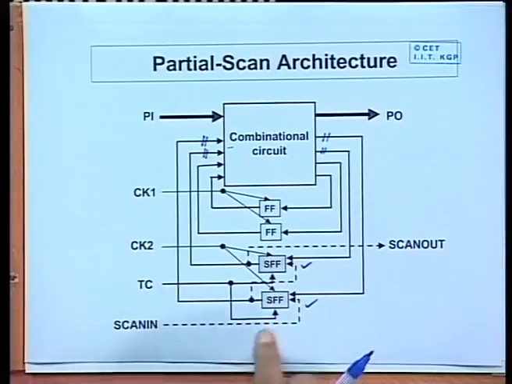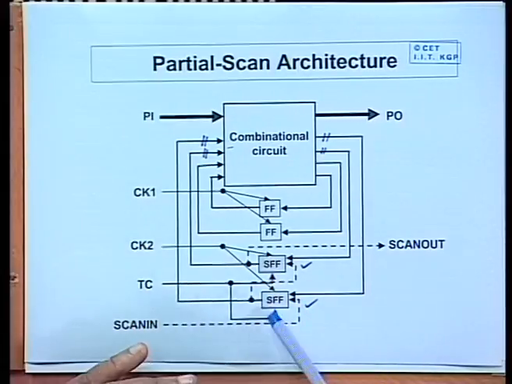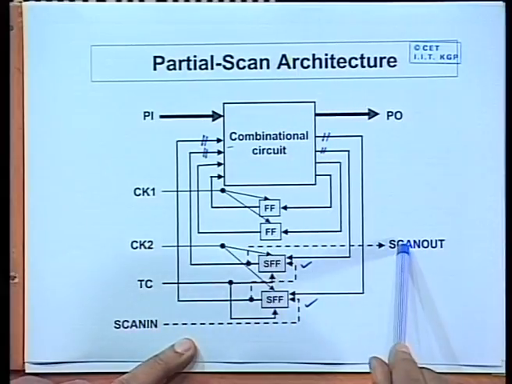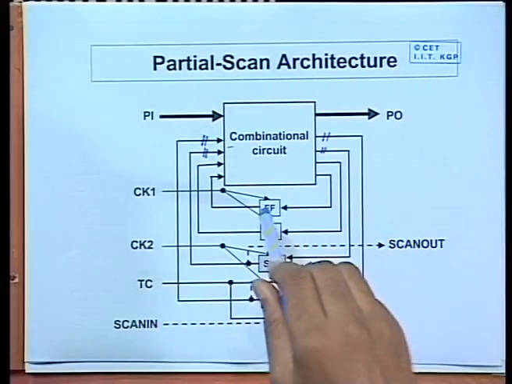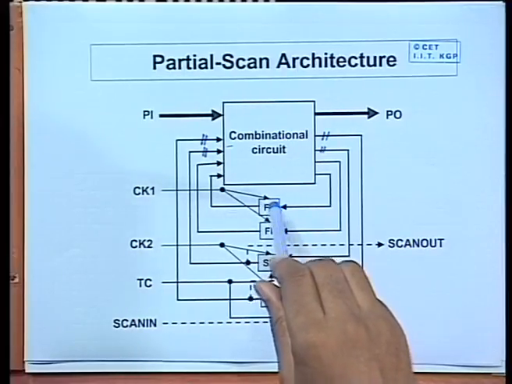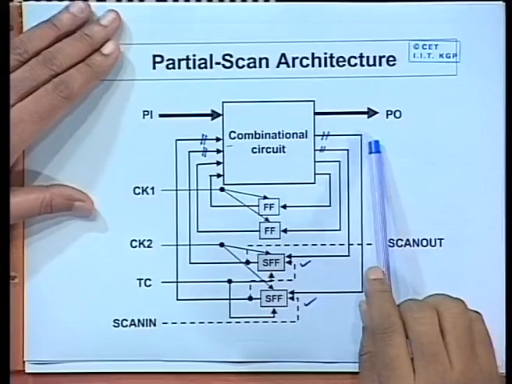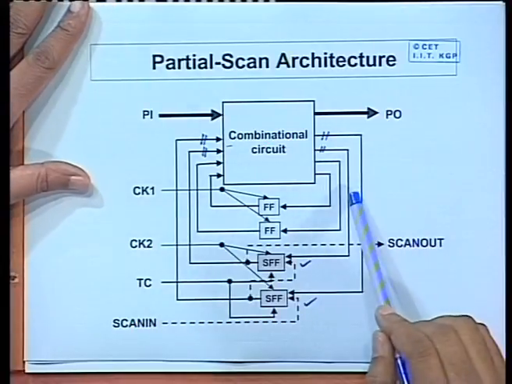So, if you have partial scan like this, one thing is true, that by chaining them into a shift register, you are unable to have complete controllability and observability of all the flip flops. This means that you cannot use a pure combinational circuit test generator to generate the patterns. You need a sequential test pattern generator to generate the test patterns.